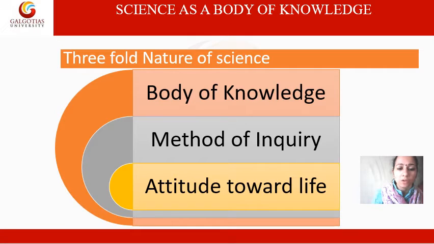These threefolds can be distinguished as: number one, a body of knowledge; number two, a method of inquiry; number three, an attitude toward life. Now, in the next slides, we will try to understand this threefold nature one by one.